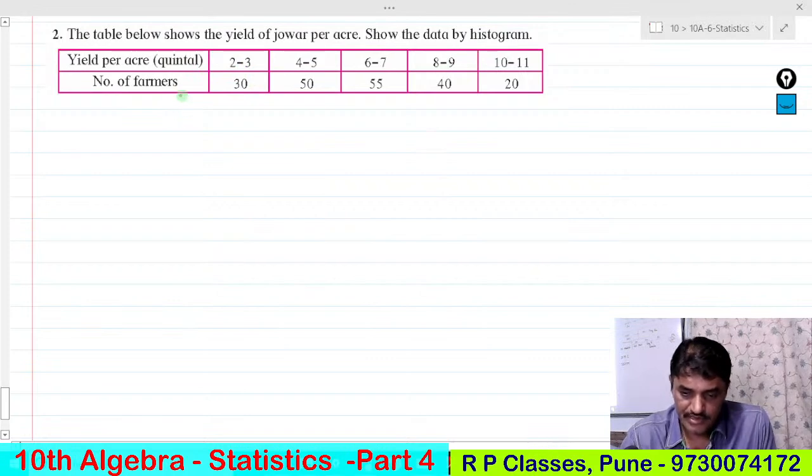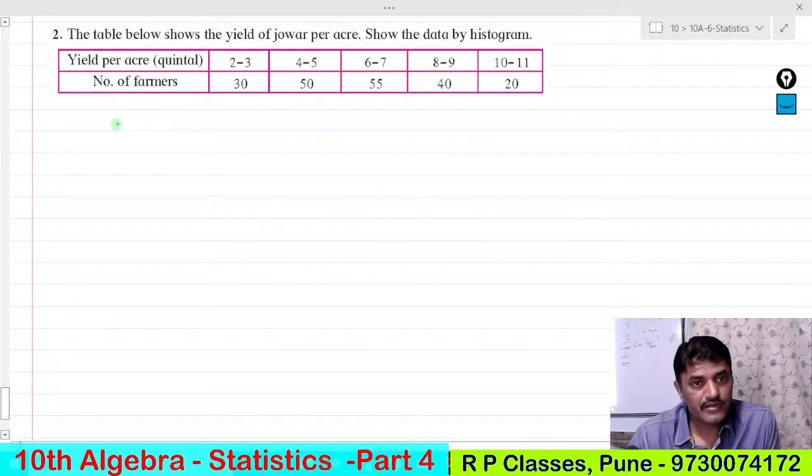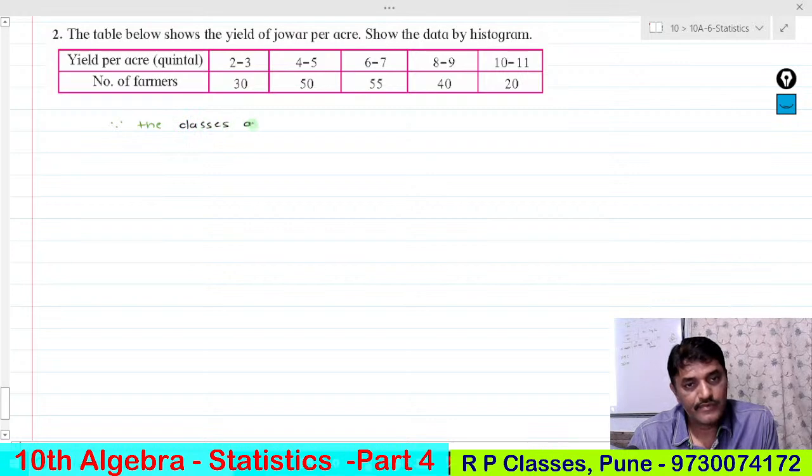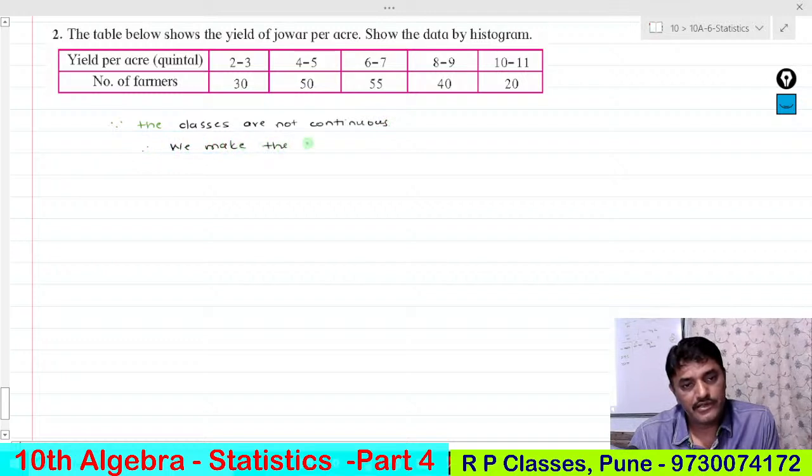Since the classes are not continuous, therefore we make the classes continuous.